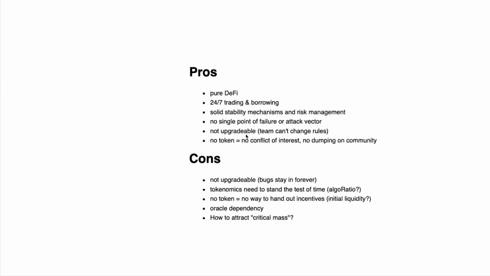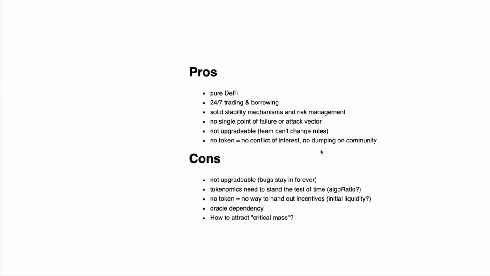Also, as I said before, no token, so no conflict of interest, no reason to weaken the safety constraints of the system just to pump the token or anything, because there is no connection to a token of the system. Right now, there is also no need for a token. Might be that a governance token comes later, I don't know. But the system itself works like that, and that's a good thing. No dumping on the community or anything.